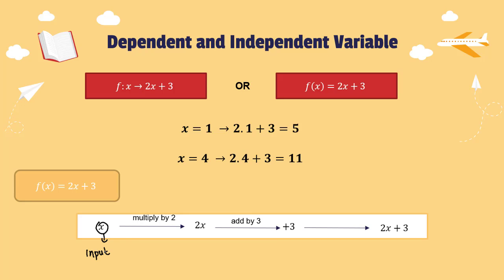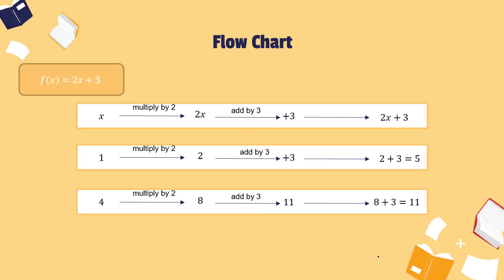So x, we call it input. After that, we multiply the input by 2, and after that, we add 3. And we will find the output is equal to 2x plus 3. So this is the flow chart for the input 1 and 4.